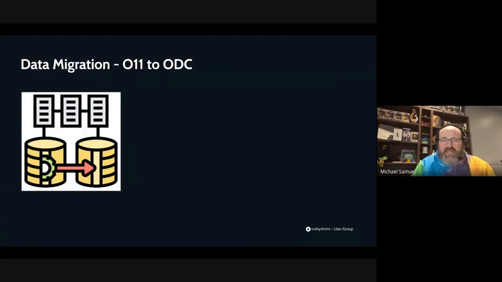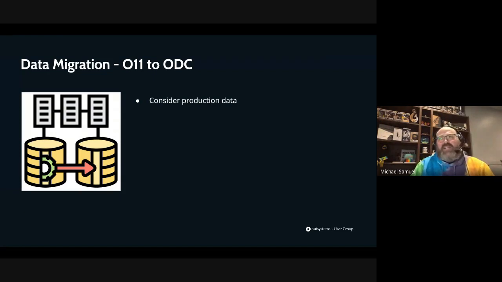The other element to consider with data between O11 and ODC is data migration. And that's going to be particularly important when you have a production application and how you're going to handle that. This entire topic is too large to cover in great detail here on all the different strategies you could potentially use.